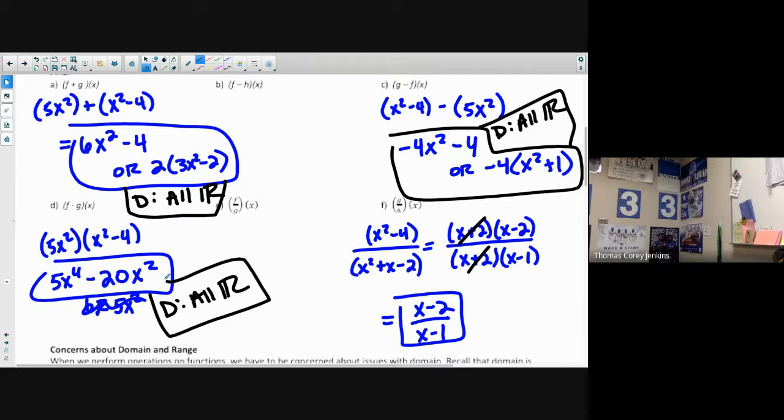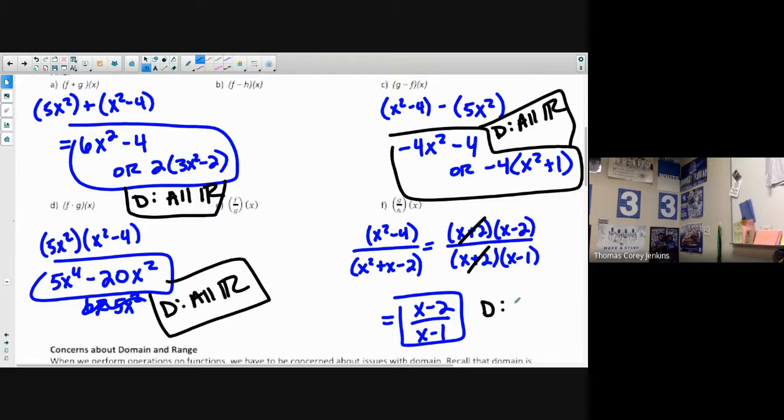Here's the only time, seriously, when you have to be careful for right now, for these examples, and that would be when you have denominators, okay? So you could plug in any real numbers for x except any that make the denominator equal to 0, okay? Now, we look at that and we know if you set x minus 1 equal to 0, then x can't be positive 1. So here's how we say that.